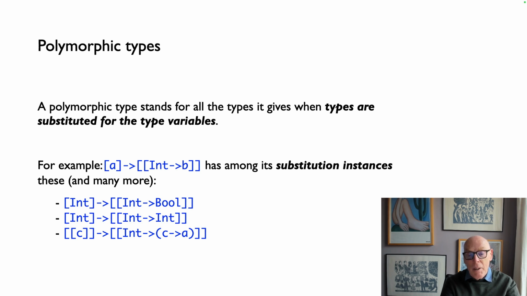So for example, if we have the type list of A to list of int arrow B, then instances, if we substitute for those types, we might get list of int to list of int to bool, where we've substituted int for A and bool for B. We get list of int to list of int to int by substituting int for both A and B.